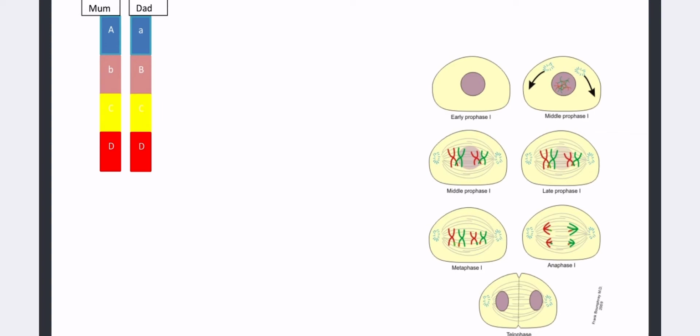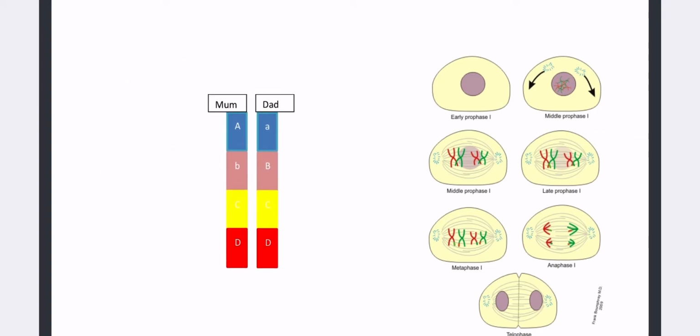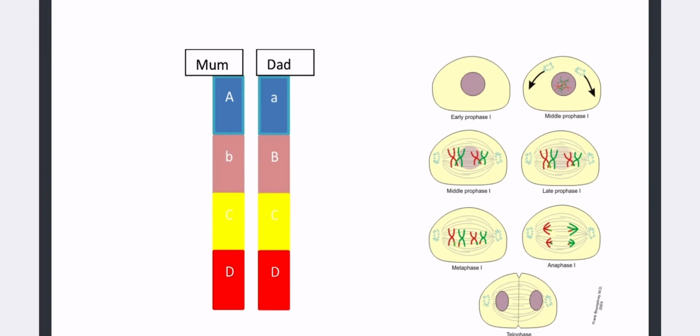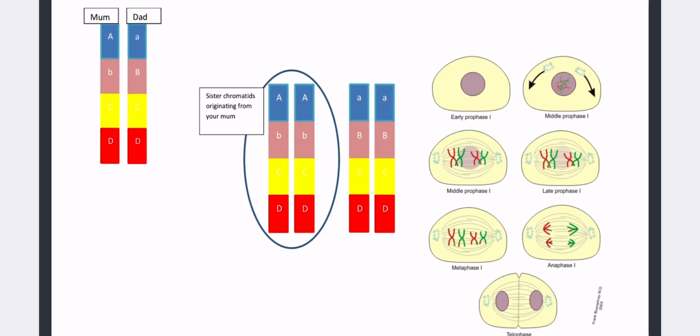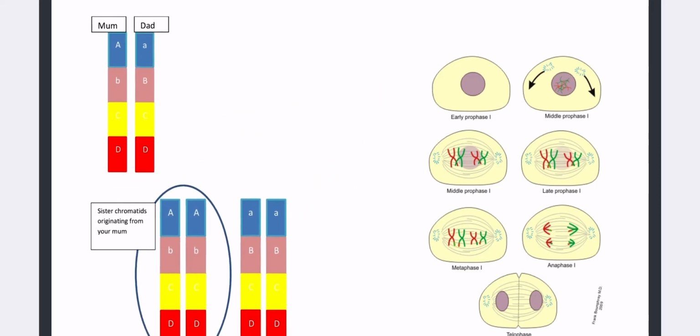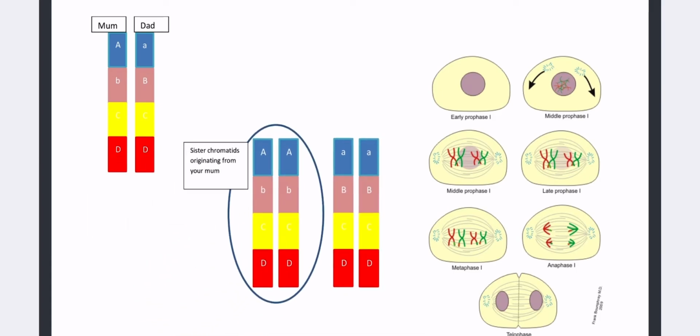So now we're going to talk about crossing over, which is our first opportunity to have genetic variation. So crossing over happens after the duplication of these homologous chromosomes. So picture 1 now becomes picture 2, and what happens is that the tips of the homologous chromosomes can interact, remembering the homologous chromosome was like this one here.